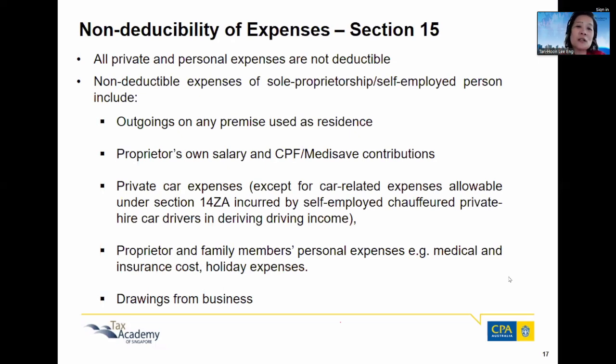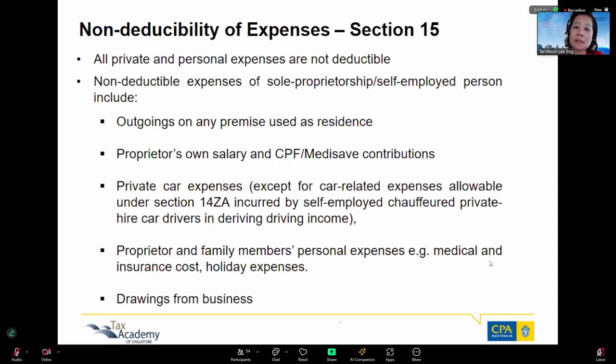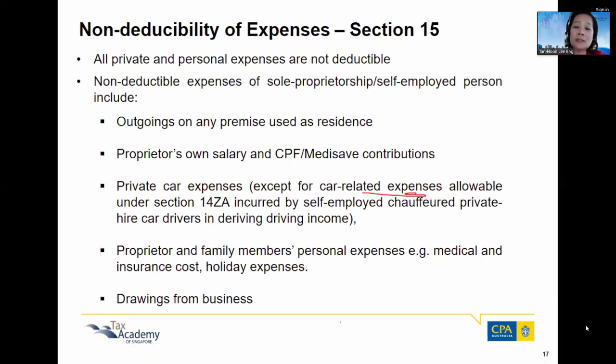Okay, so all private and personal expenses are not deductible, and we give some examples, like his own home, any outgoings on the premises used as residence, the proprietor's own salary, his CPF contribution.